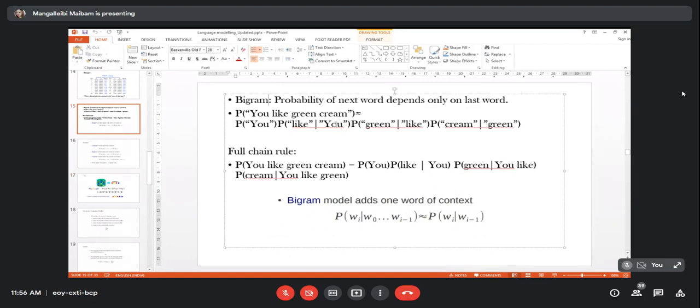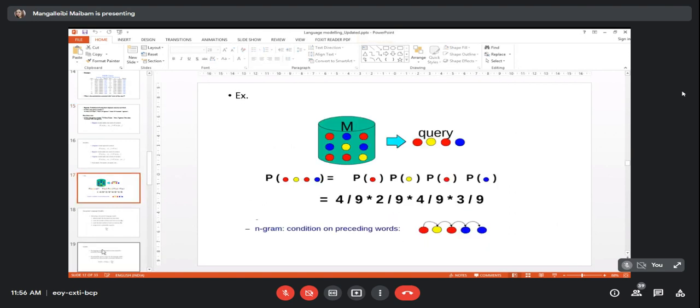So for finding the probability of like, the preceding term is you, so conditioned on you. For green, conditioned on like. For cream, conditioned on green. Likewise, in the n-gram language model, we follow the same thing: we find the probability distribution for a particular term conditioned on the preceding terms.